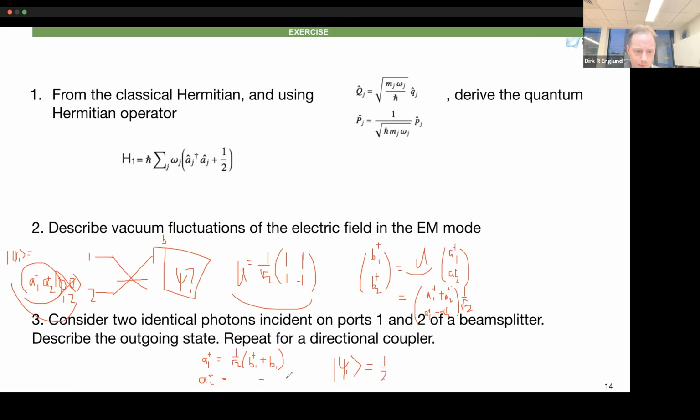1 over 2. Now I'm doing A1 and A2, I'm re-expressing it in terms of B's.